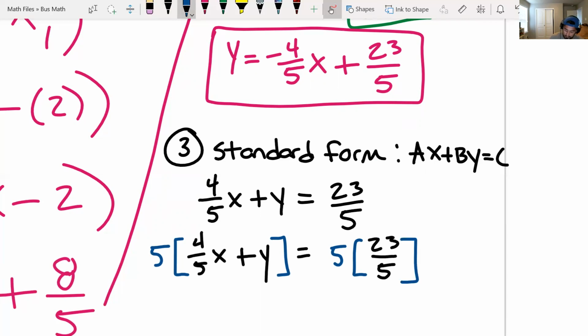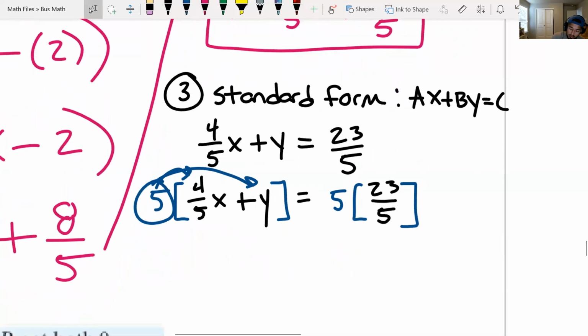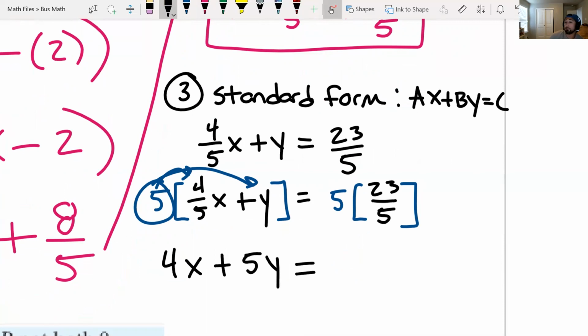And now this 5 will multiply here and here. And 5 times 4/5 means that those 5s will cancel and leave us with 4x plus 5y equal to, and on the right side, 5 times 23 over 5, cancel, cancel. All we're left with is 23.